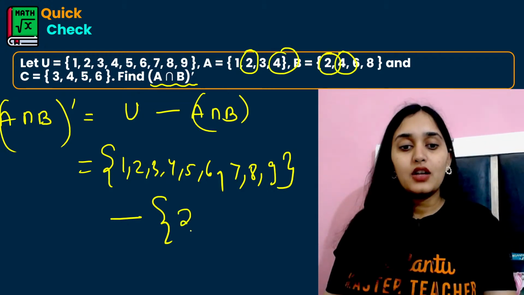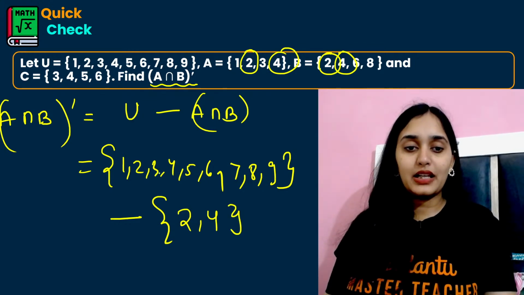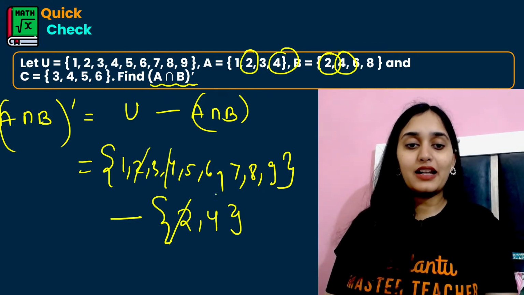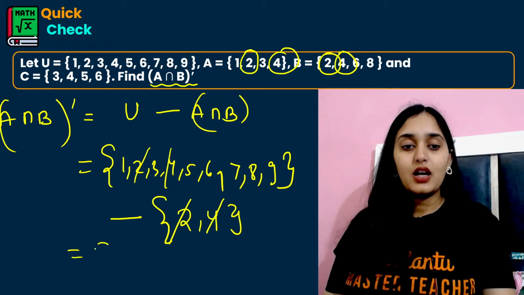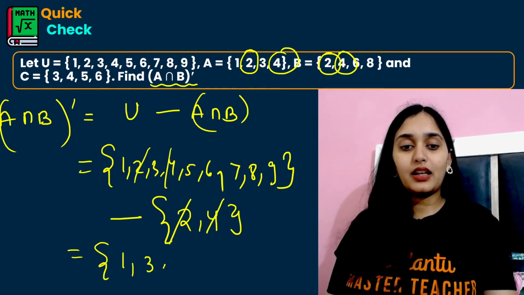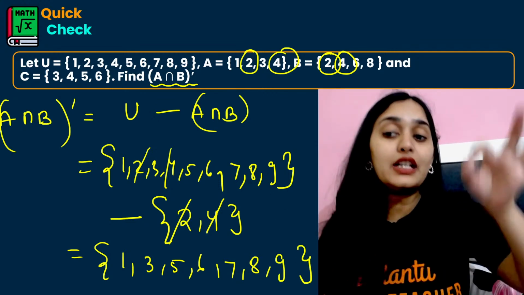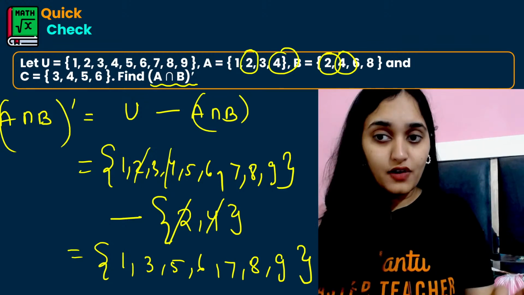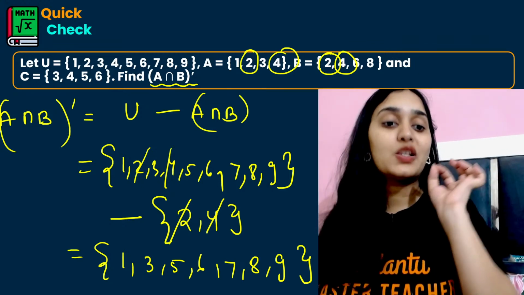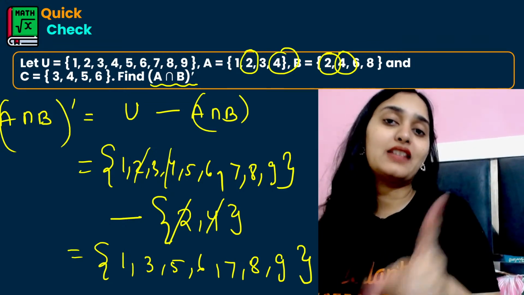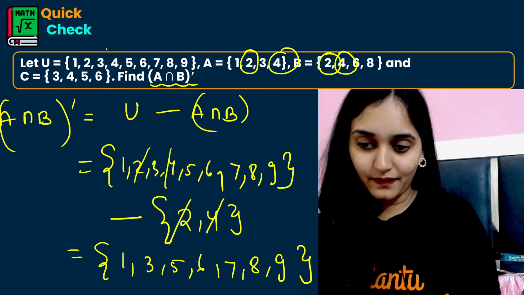That's it. So, 2 and 4 common. 2 subtracted, 4 subtracted. So, we get 1, 3, 5, 6, 7, 8, 9. Only 2 and 4 are removed. The remaining elements will be part of A intersection B complement.